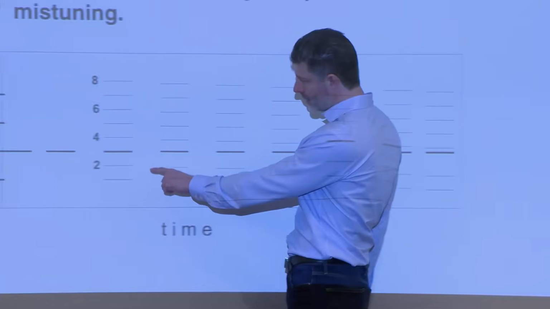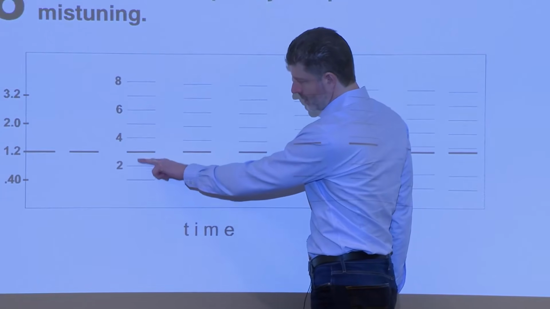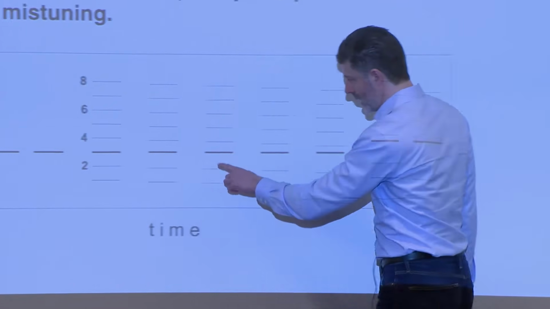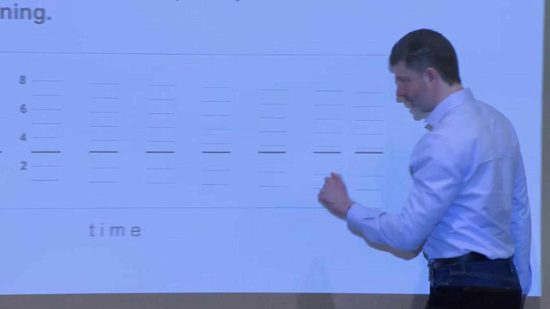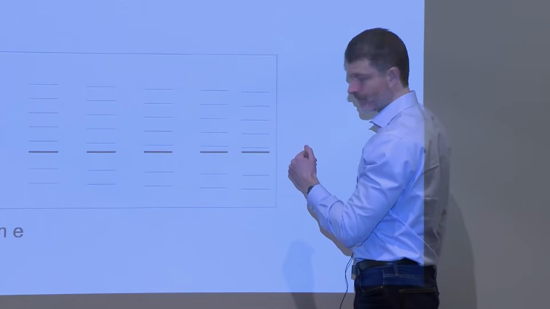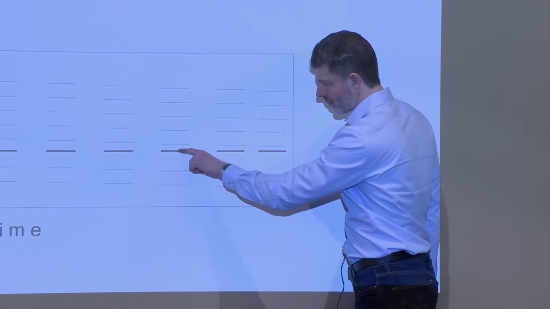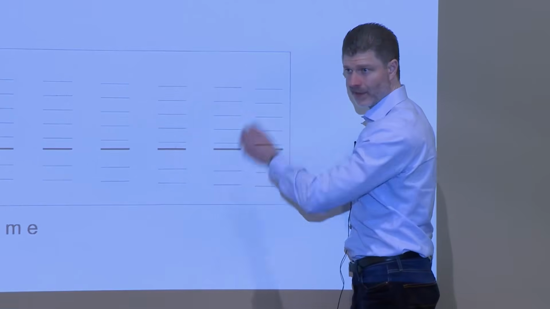What's going to happen here, again, these are schematic spectrograms. This is a complex tone that has harmonic frequencies. All of the harmonics except the third one are going to shift down over successive cycles of the stimulus. So this third harmonic is going to stop being harmonically related to all the others.